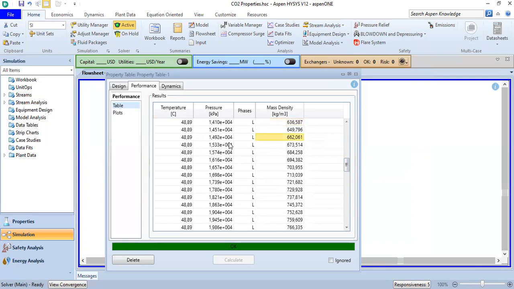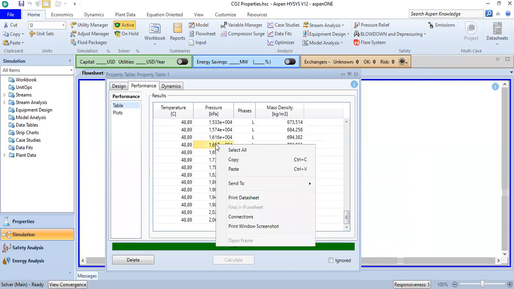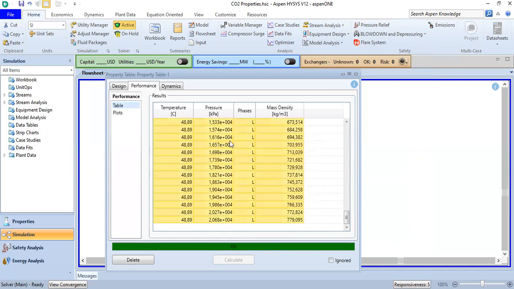All right, liquid density more than 600 kilogram per meter cube. And the temperature is now in Celsius and pressure in kilopascal. So it makes much more sense. I can right click, select all, copy, and then I will paste it on my spreadsheet.